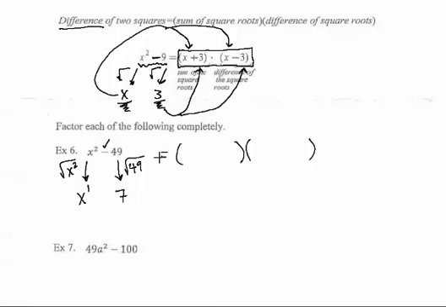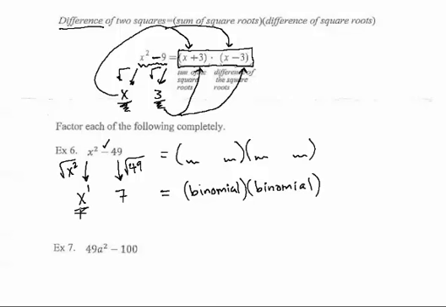Now all we have to do is piece together our two factors, and the difference of squares always factors as a binomial times a binomial. Okay, two terms in each factor. We already know what those terms are going to be.